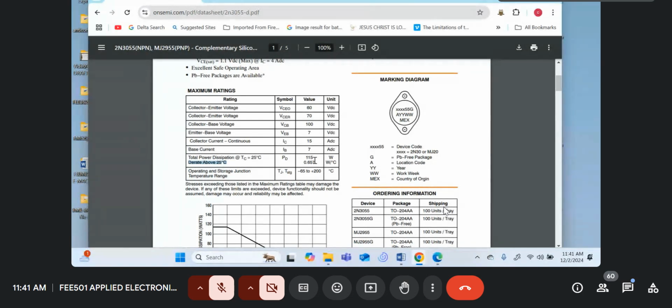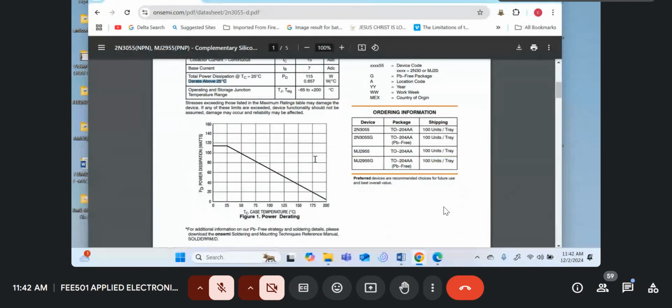So for example, supposing the temperature rises by 10 degrees, then I derate it by 6.5 watts. If the temperature rises to 100 degrees, I'm going to derate the power going to the device by 0.65 times 100, which is 65 watts. So your device's maximum power allowed will be 115 minus 65 watts.